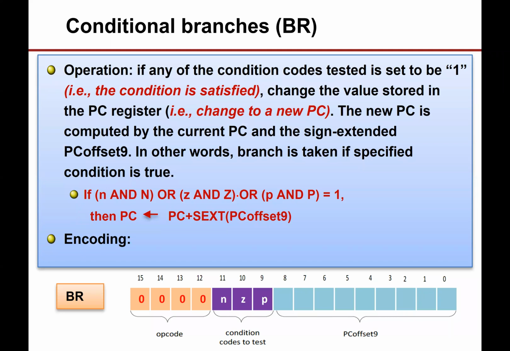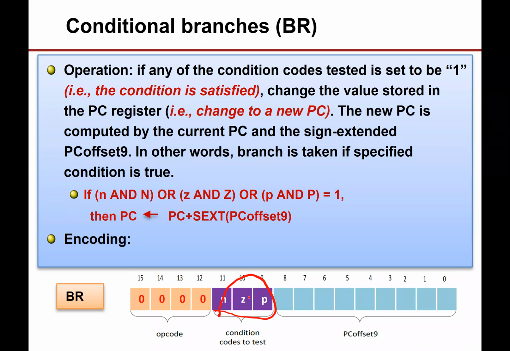So for the conditional branches, its operation actually is to test first. You need to set the condition NZP here. What condition do you want to set here? NZP. And then what is the new PC?